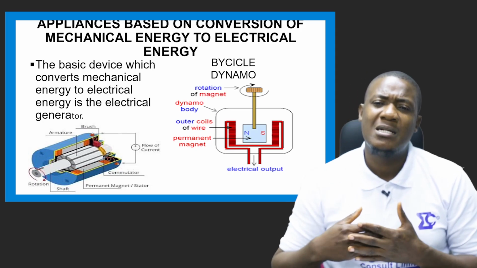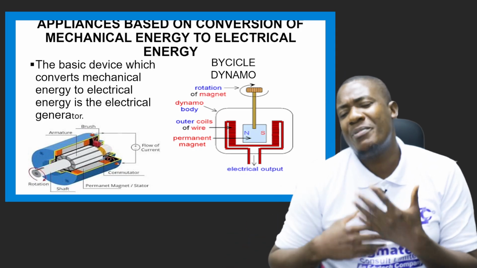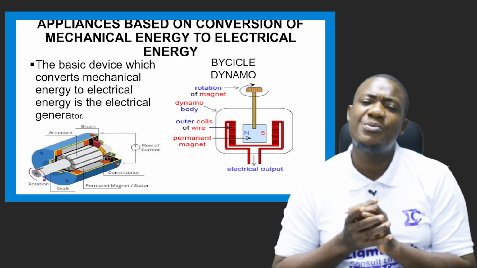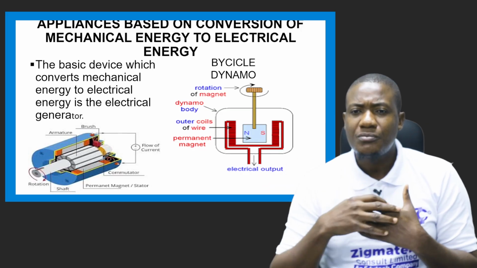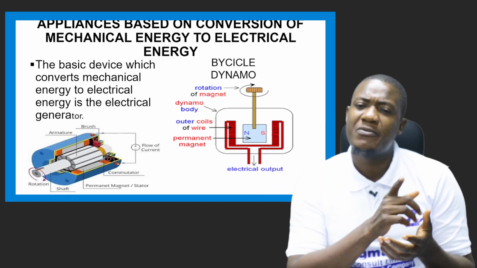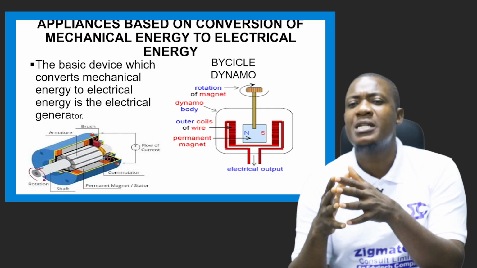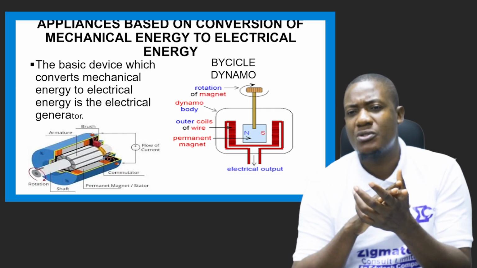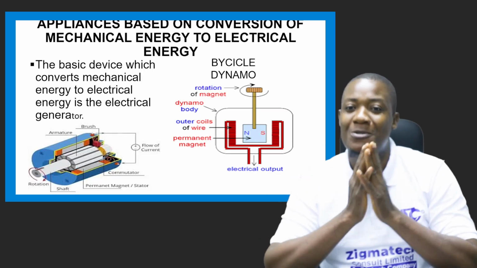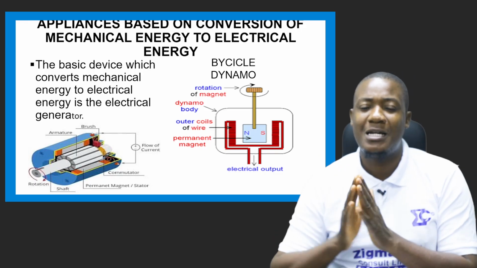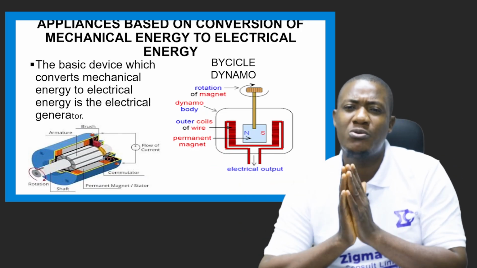When I say the generator works on the principle of electromagnetic induction, I am simply saying that if you have a conductor with current flowing through it, placed in a magnetic field, and the magnetic field changes. I'm just trying to speak in the simplest language so that you will understand. There are ways of saying this in higher classes, but I just want you to follow through.